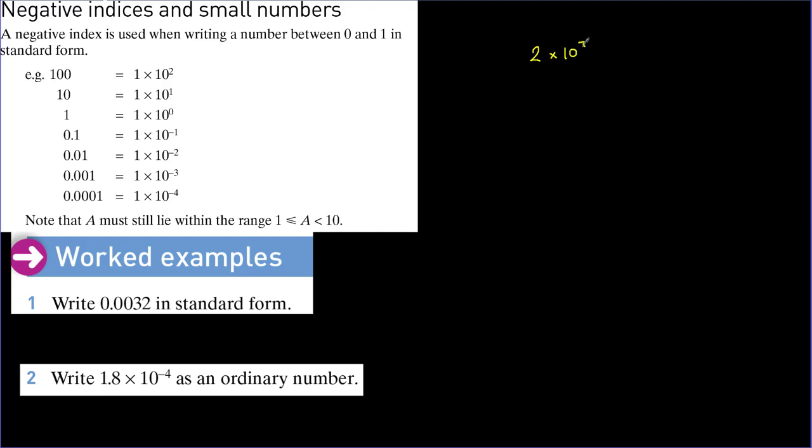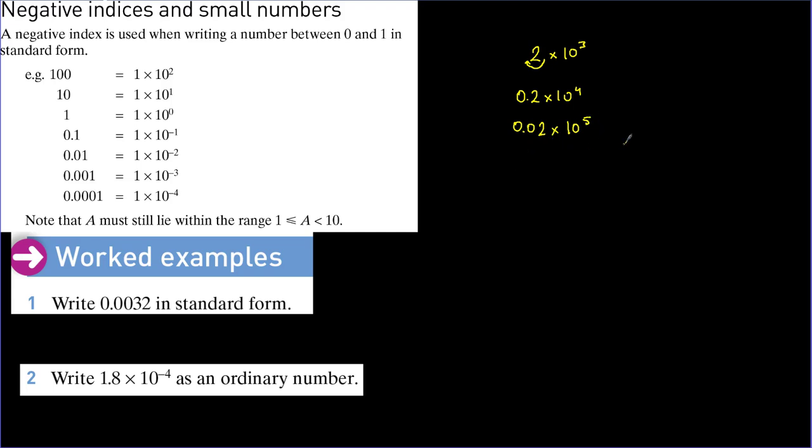Or when I move the decimal, let's say 2 times 10 to the power of 3, if I move the decimal point to the left side, it becomes 0.2 times 10 to the power of 4, which means that I'm increasing the power. Or 0.02 times 10 to the power of 5 it's going to be. So when I'm moving to the left side, I'm increasing the power.